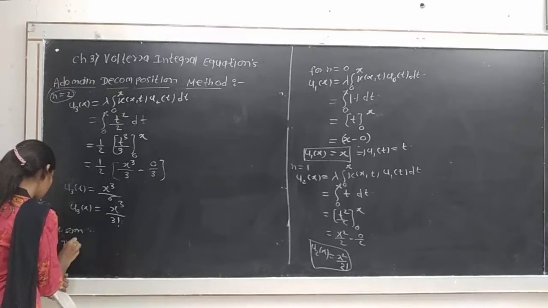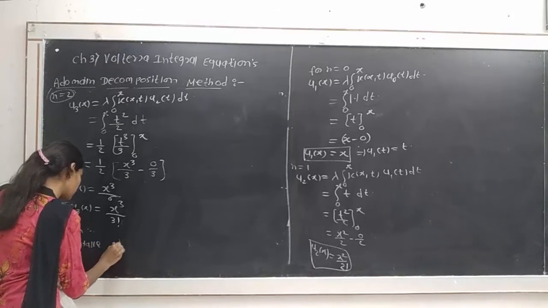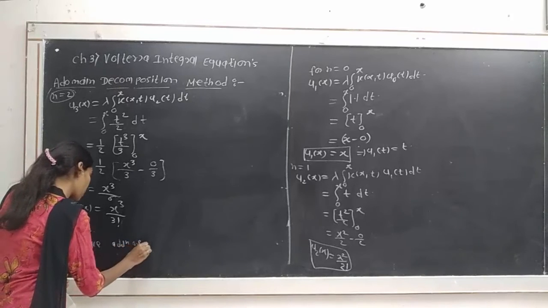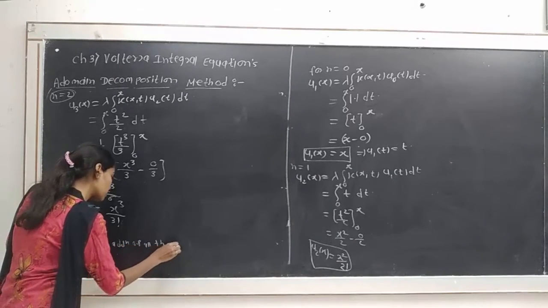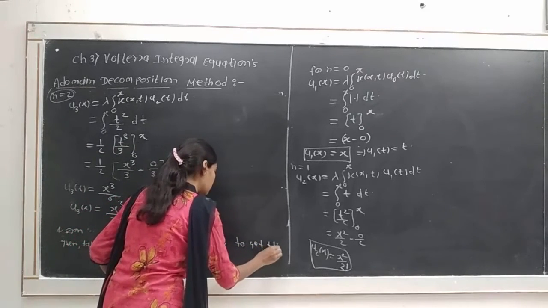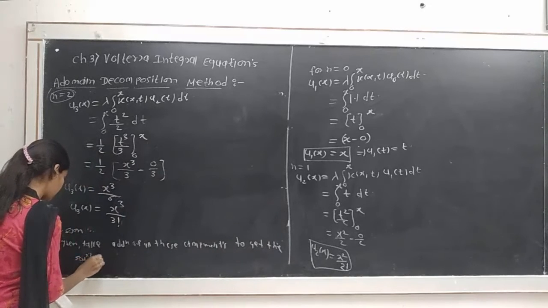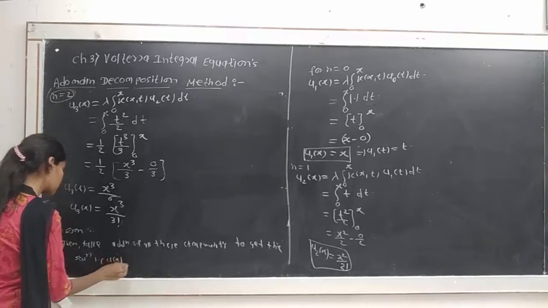Then take the addition of all these components to get the solution, that is u(x).